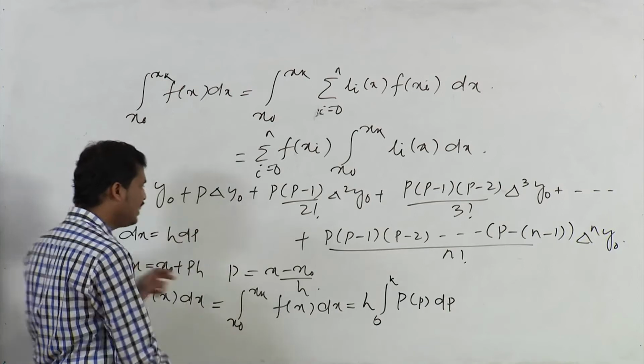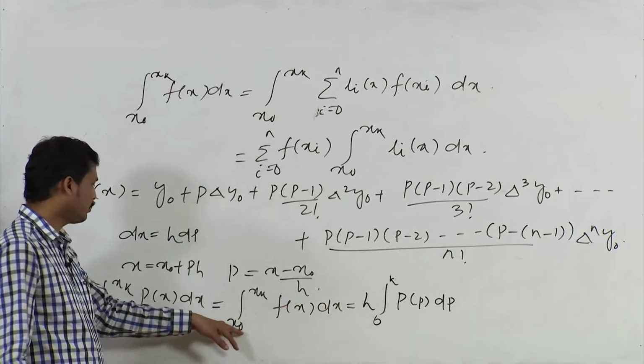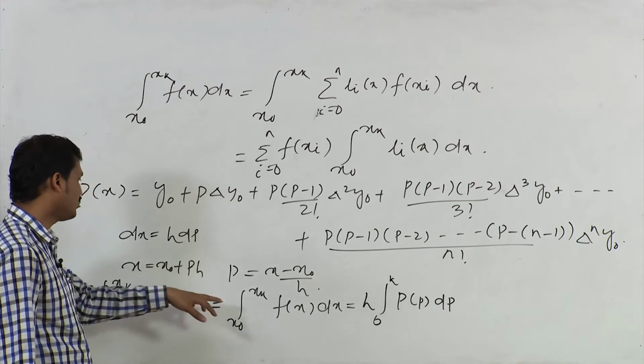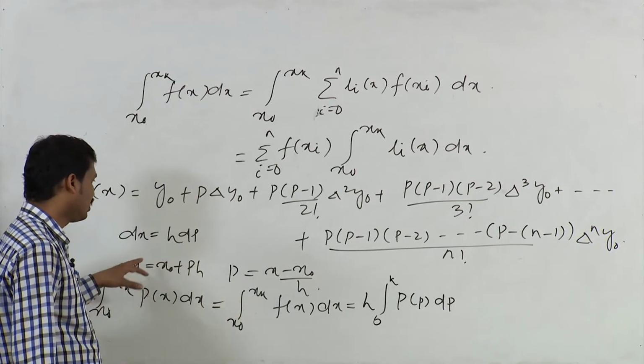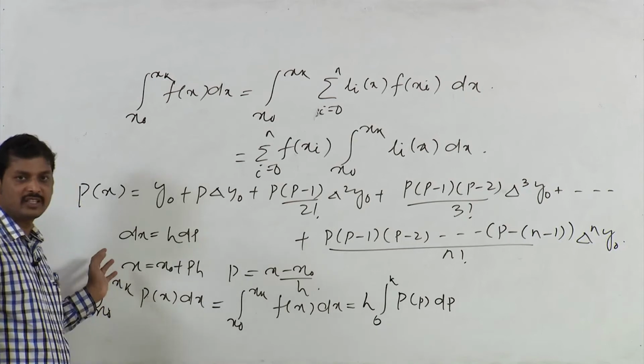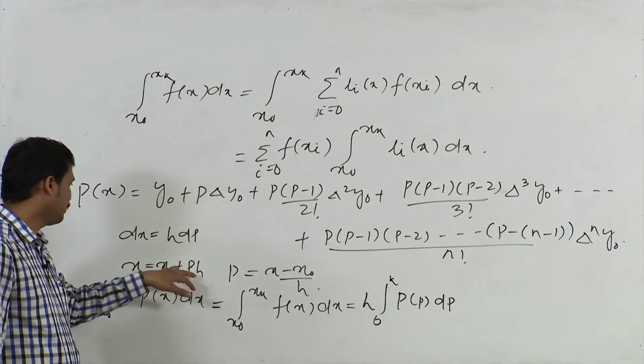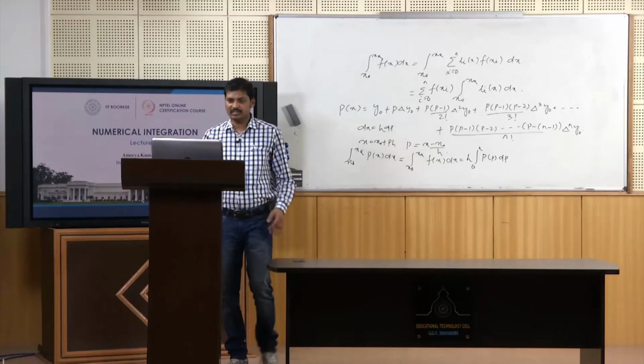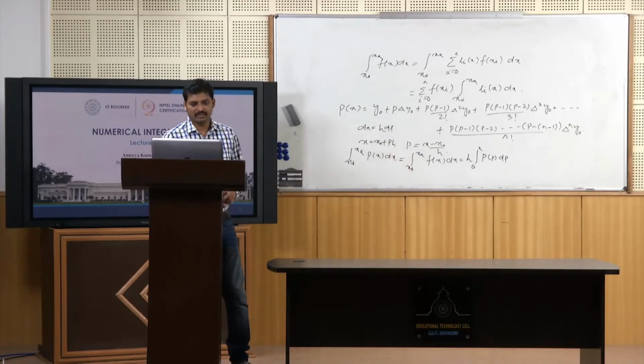That is why h is coming out. At x equals x0 we put p equals 0, and if we put x equals xk, that is nothing but x0 plus kh, so p equals k. That is why we are changing the interval in this form.